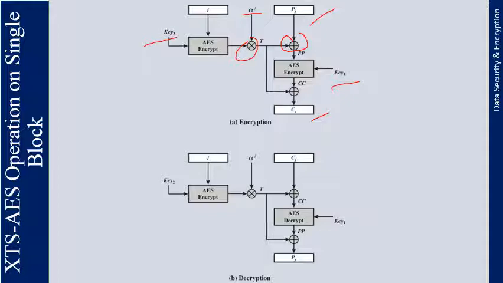So if you look at the diagram, the tweak is encrypted with a key using an AES encryption algorithm, which is multiplied by alpha, and which is again exclusive ORed with the input plaintext, and another key is applied along with an exclusive OR to produce the ciphertext. On the other hand, decryption involves the same process except the input is changed from plaintext to ciphertext.